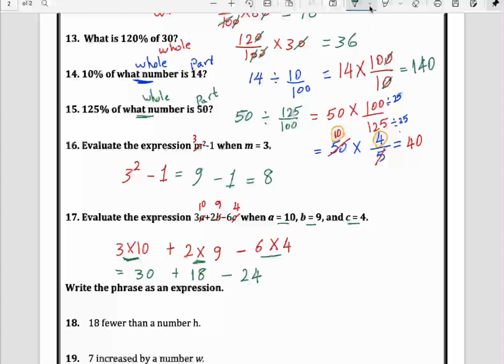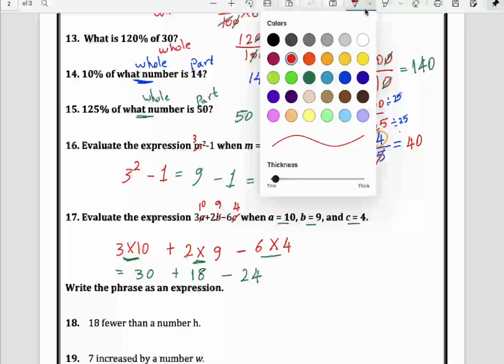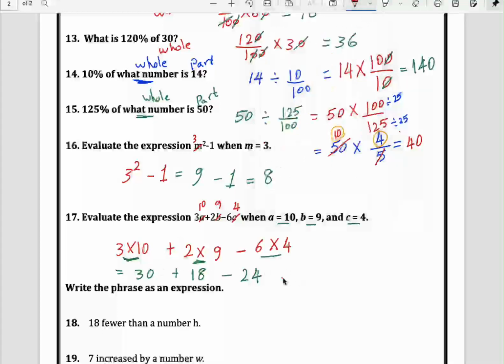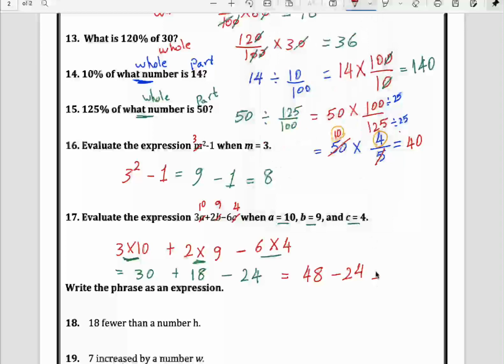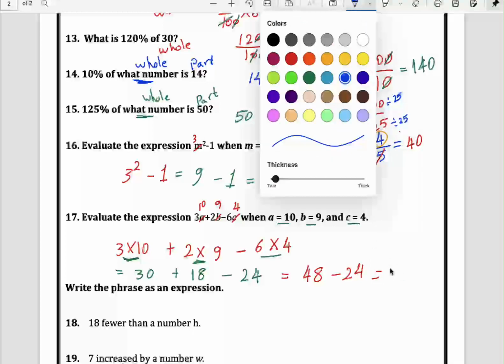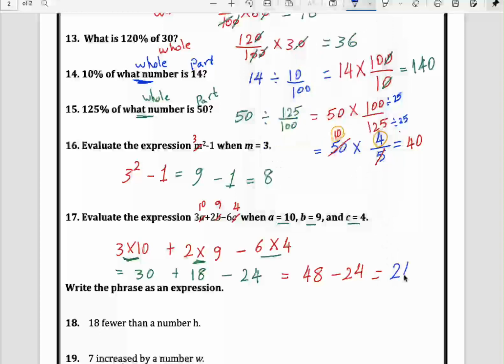And now we do the addition first, then subtraction. 30 plus 18 equals 48, minus 24, and that's equal to 24. So the numerical value is 24.